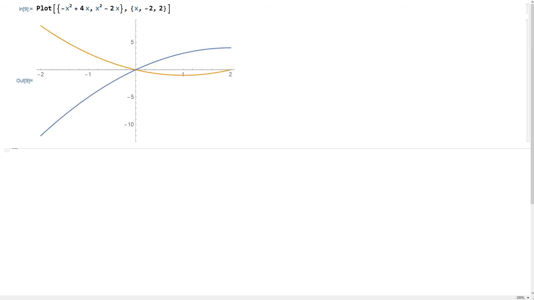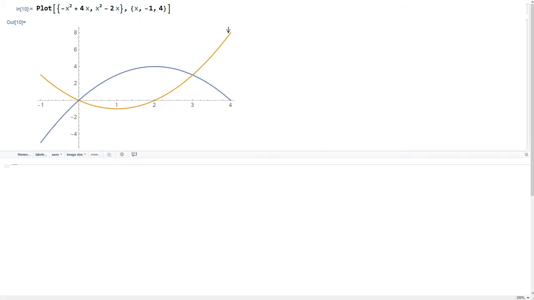All right, so we have a crossing here at 0 and something probably further out here. So let's change this to -1 and 4, maybe. Okay, great. So it looks like they're crossing at 0 and 3.